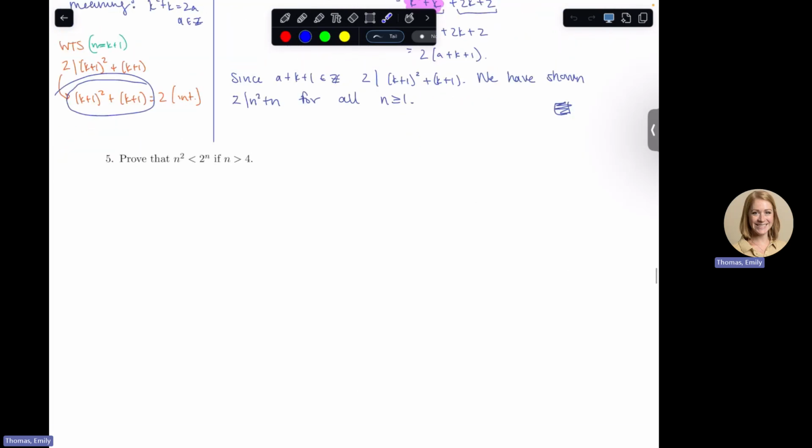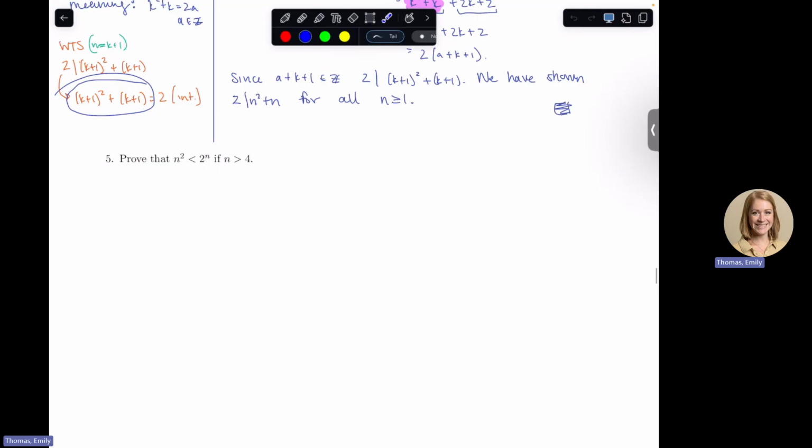We're going to prove that n squared is less than 2 to the n if n is, on homework 10, I don't have that with me, but on one of them I don't give you a restriction. On number 5, that should be for n bigger than or equal to 0.